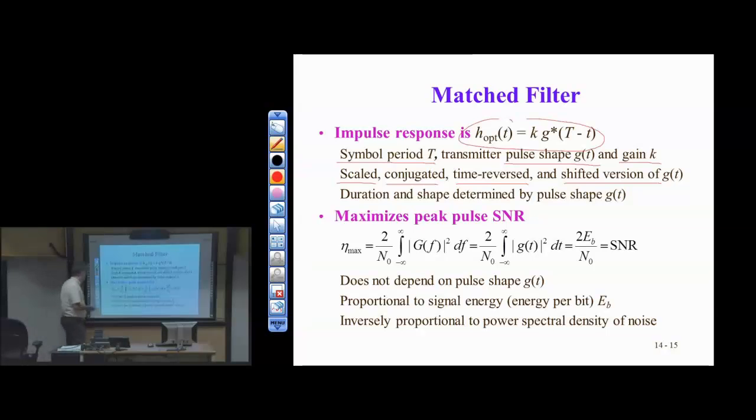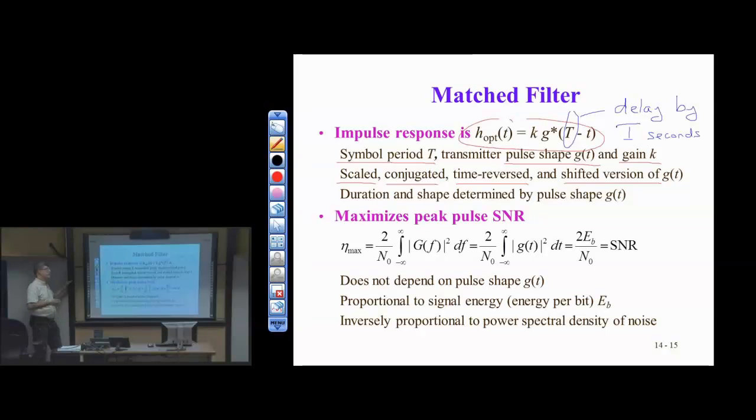So here I have a delay that I show here of capital T. This is a delay by capital T seconds. But really, any delay is fine. And so we want to pick the delay that makes this impulse response causal.